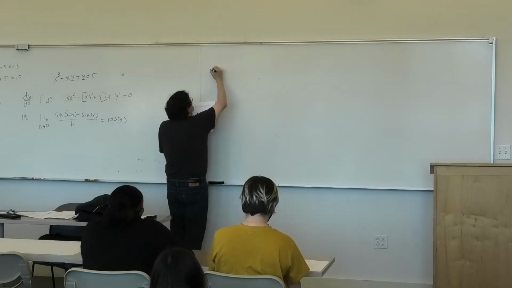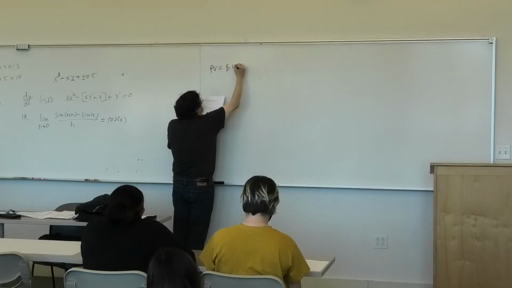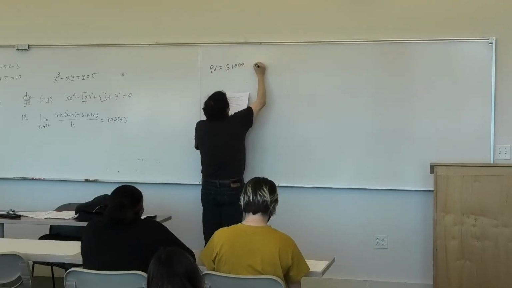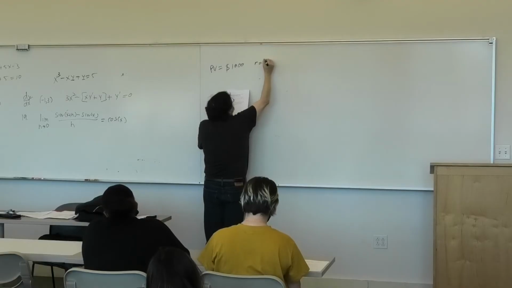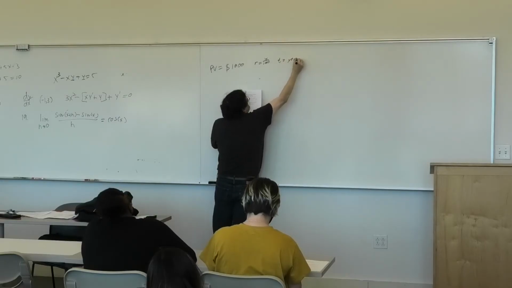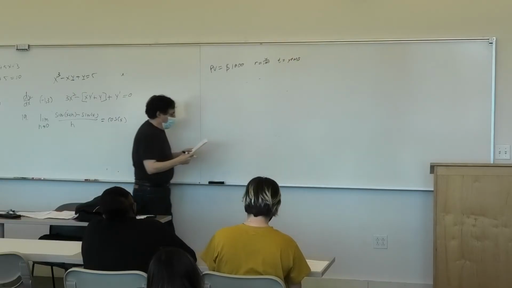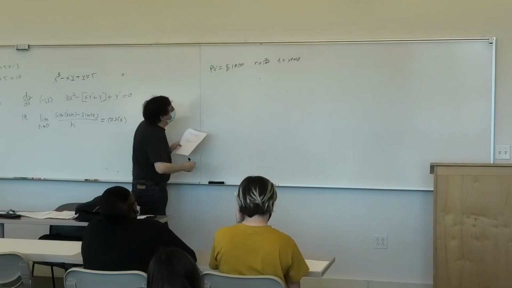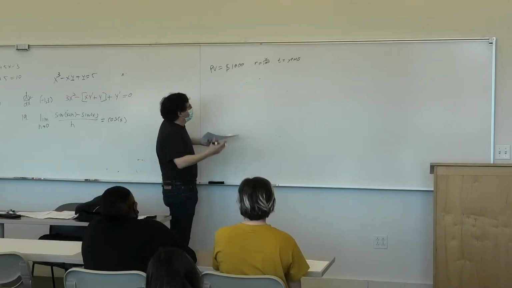It's like present value is $1,000. Interest is 4%, 0.04. T is in years, whatever. It's 4% per year. So I didn't even say compounded interest.